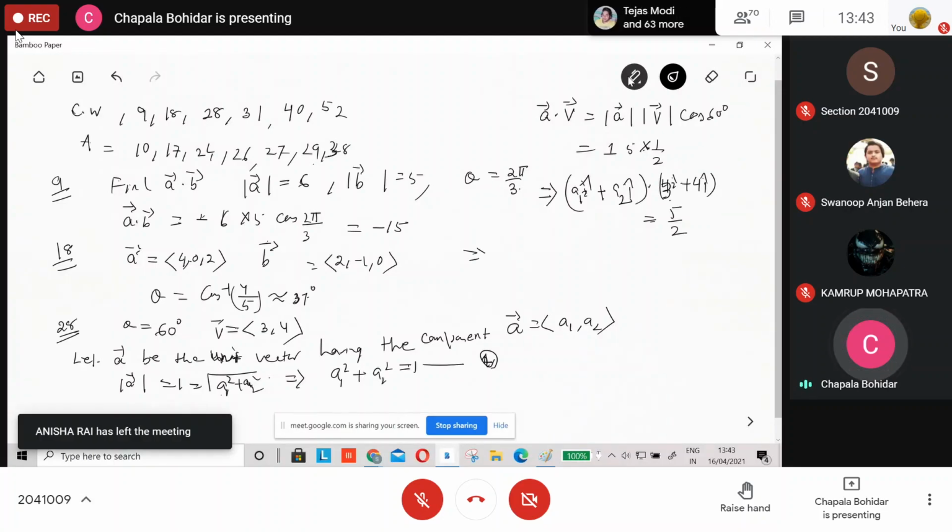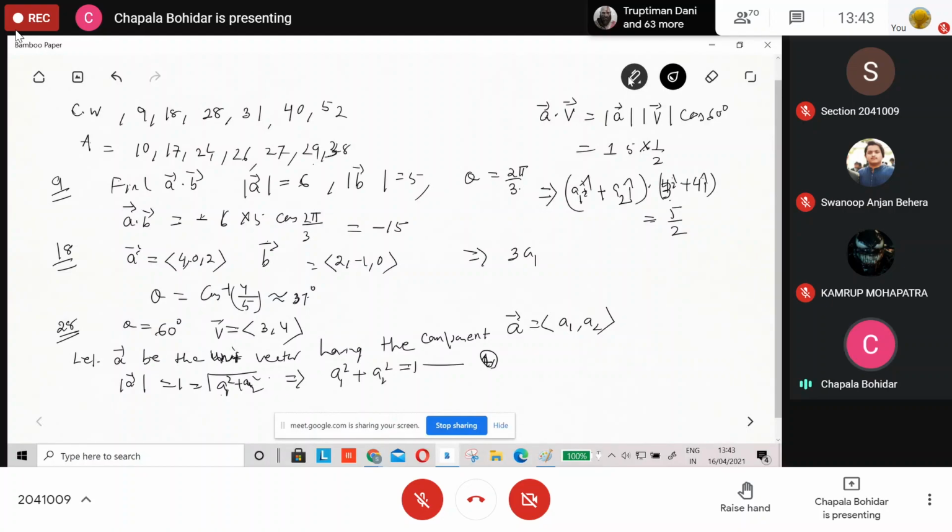This implies 3a1 plus 4a2 is equal to 5/2. Implies 6a1 plus 8a2 is equal to 5.